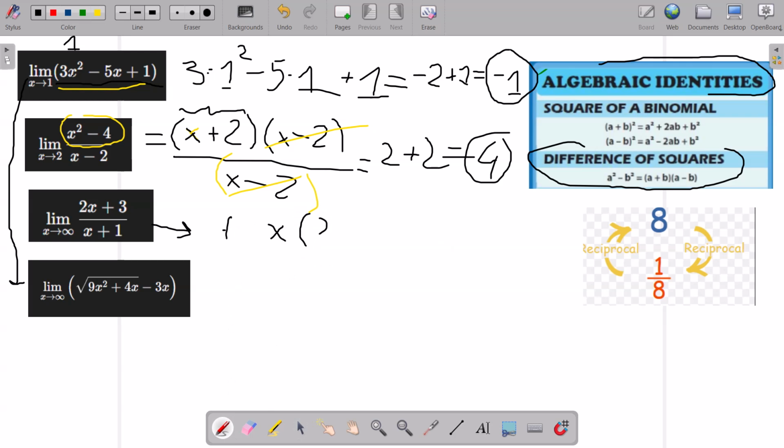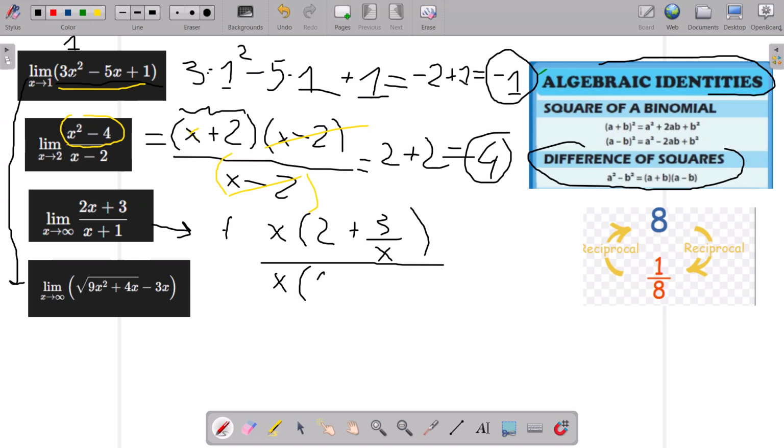So factoring is we write x before the bracket. Here we write 2 plus 3 over x, because we removed x and 3 didn't have an x, so we need to write it as a denominator. Then it will be the same, factoring x.